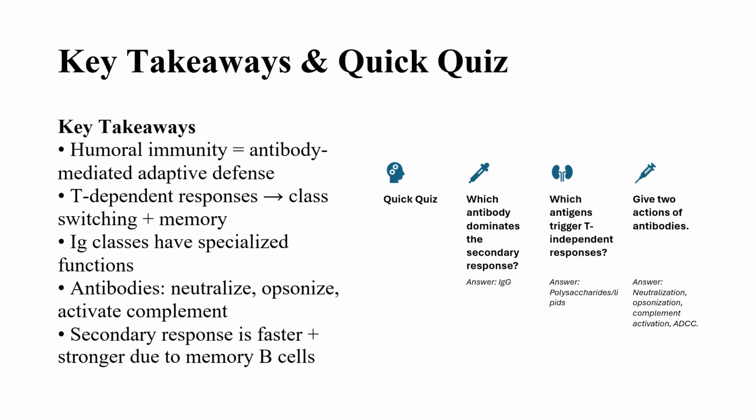They retrain the system so protection remains sharp. If you keep these things in mind, how antibodies work, how class switching and memory arise, and why secondary responses are so much more powerful, you have the clearest map for any question on humoral immunity.